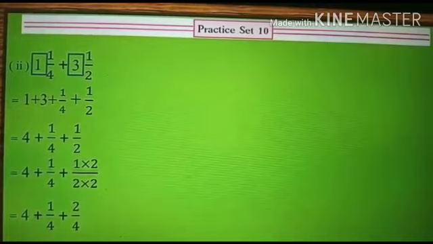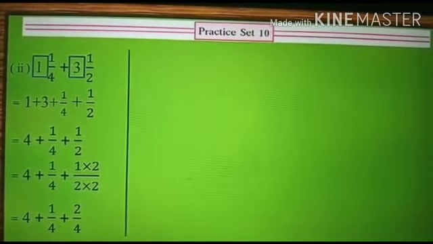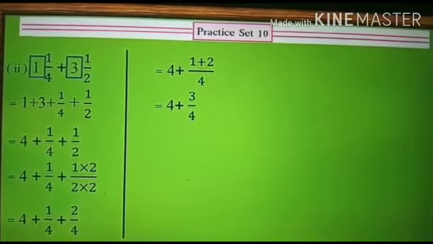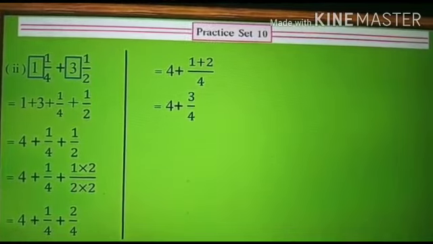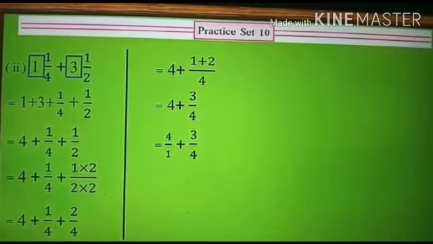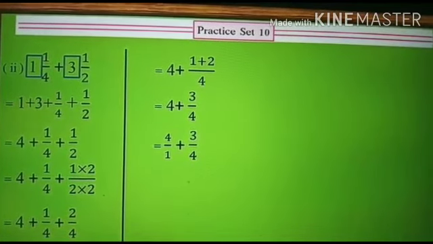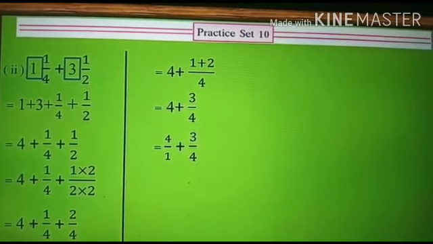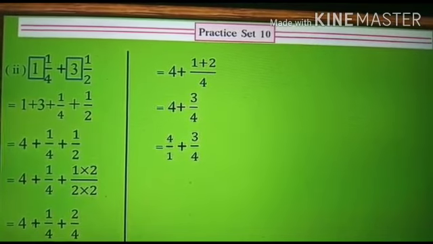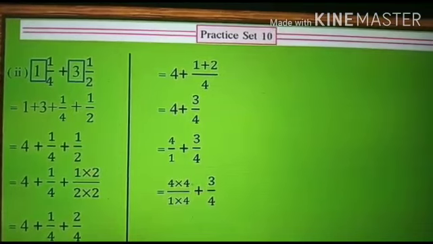Now the denominators are same, so we can say 4 plus 1 plus 2 upon 4, that is 4 plus 3 upon 4. Again 4 has the denominator 1. We have to make the denominators same, so multiplying the first fraction by 4. 4 multiplied by 4 upon 1 multiplied by 4 plus 3 upon 4.